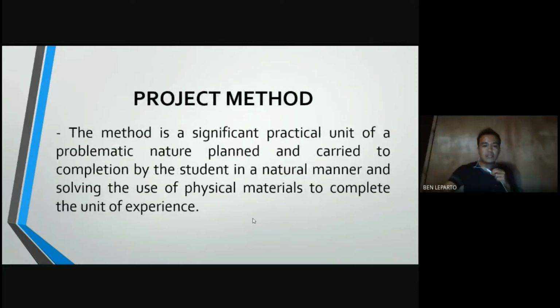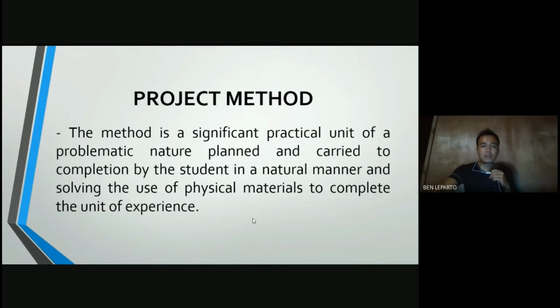Then the fourth one is the project method. The method is a significant practical unit of a problematic nature, planned and carried to completion by the student in a natural manner, using physical materials to complete the unit of experience. So in the project method, the students are given a practical problem during the discussion, and it is their task to plan and carry out a solution to that certain problem.